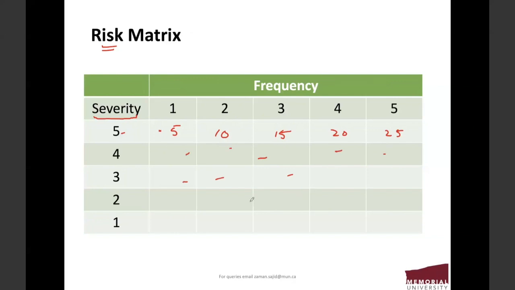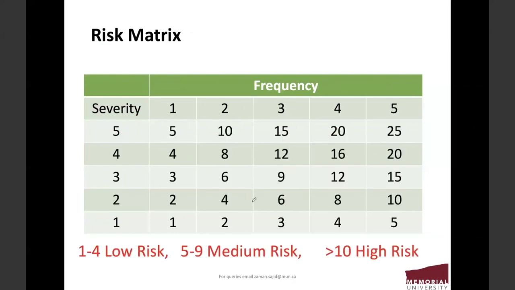Once we have identified our risk matrix using these numbers, then we identify our criteria for low risk, medium, and high risk. For example, a company identified that the low risk level is between 1 and 4. So any number from 1 up to 4 is categorized as low risk.